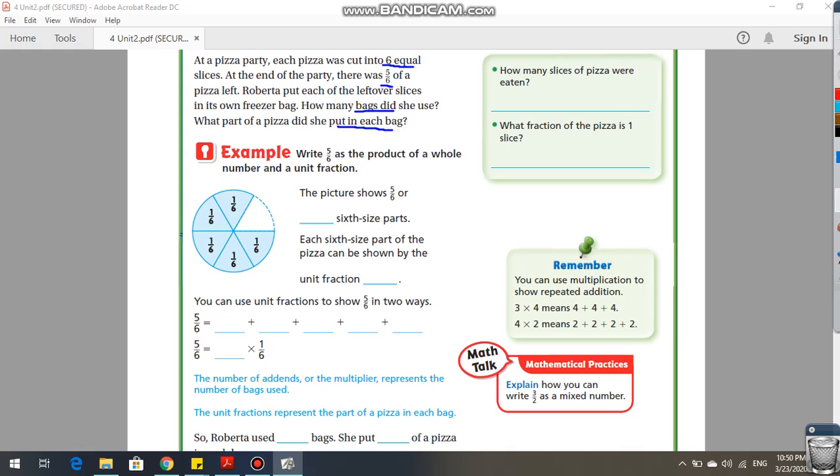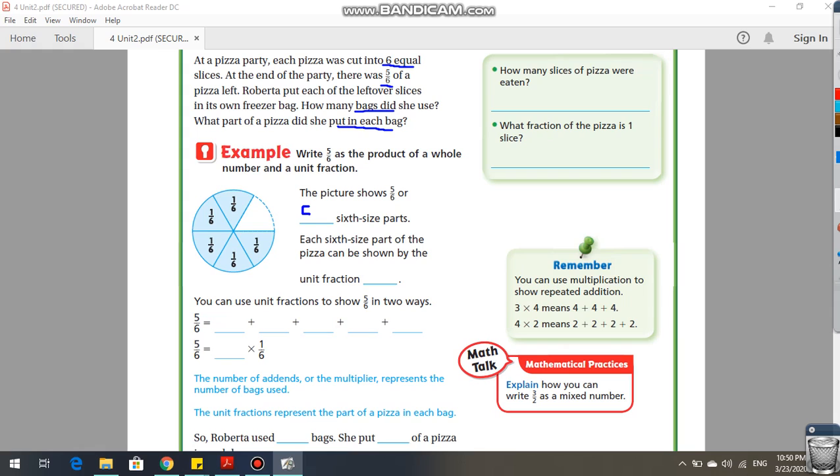Okay, let's imagine I have a pizza here. They only ate one slice, and I have 5/6 leftovers. The picture shows 5/6, or how many sixes? One, two, three, four, five.